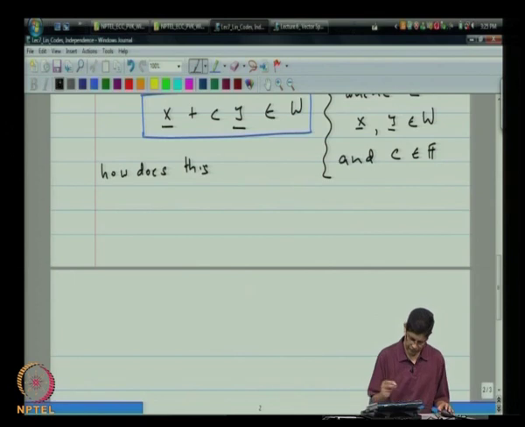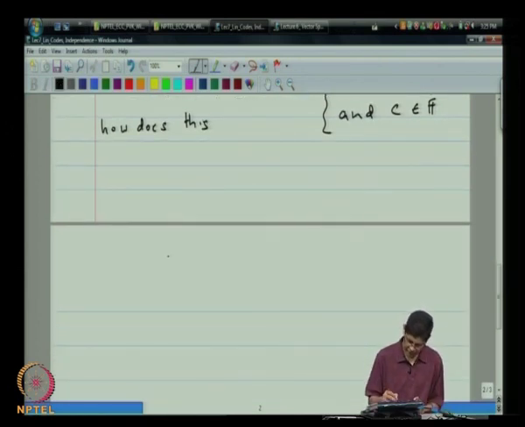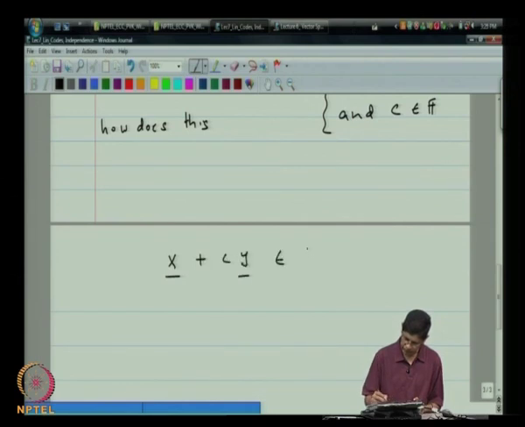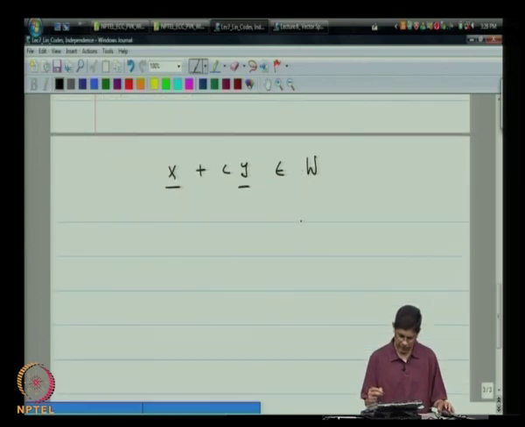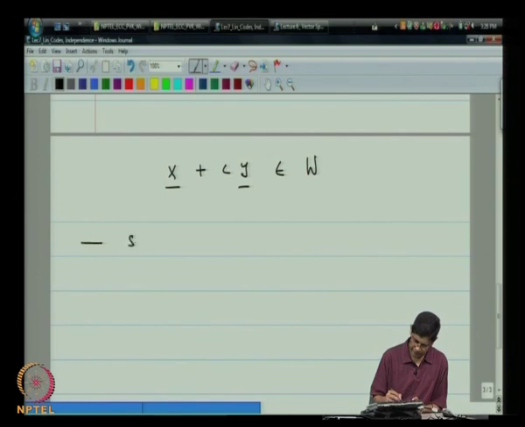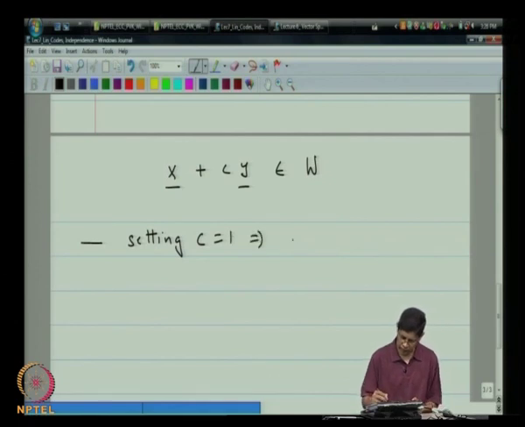So, the test is that x plus C times y must belong to W. And the reason why this test suffices is because, first, setting C equals 1 ensures closure under addition, under vector addition.